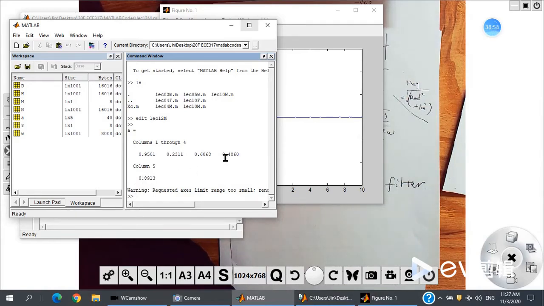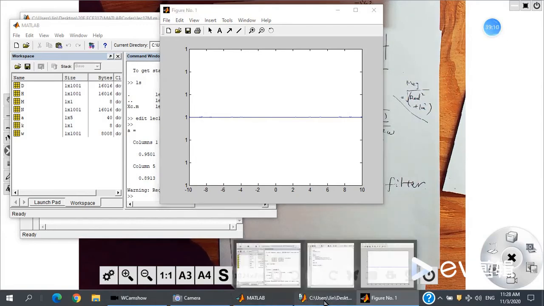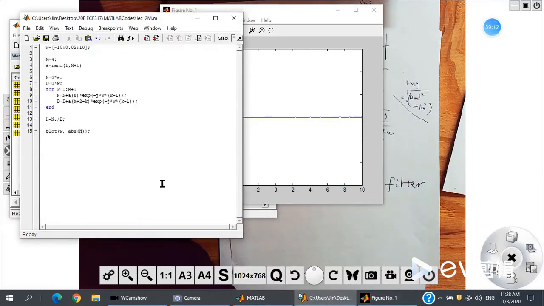Then plus 0.4860 times z to negative 1. Then times this 0.6 number times z to negative 2, and so on. And the magnitude, it is just a straight line. You see, it is a straight line. This is for order 4, right? Order 4. If you want to change this number, like if I use 2, what will happen?